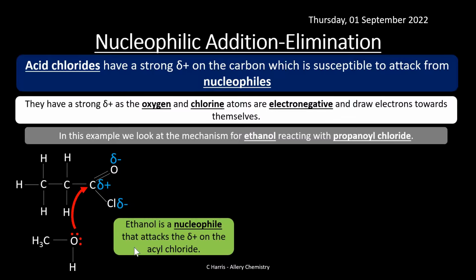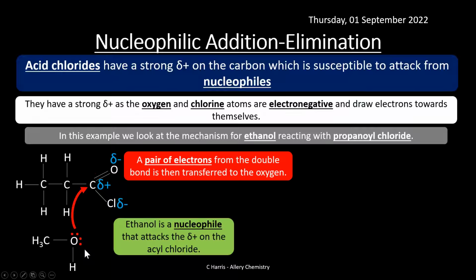It's the first thing. So once it's done that, this oxygen now is starting to form a bond with the carbon. So a lone pair of electrons from this double bond must then break, because this is the next weakest bond. So you break a bit of the double bond here, and the electrons will jump from here onto the oxygen. So this is forming a bond with the carbon, and then that's breaking the bond to form an O-.